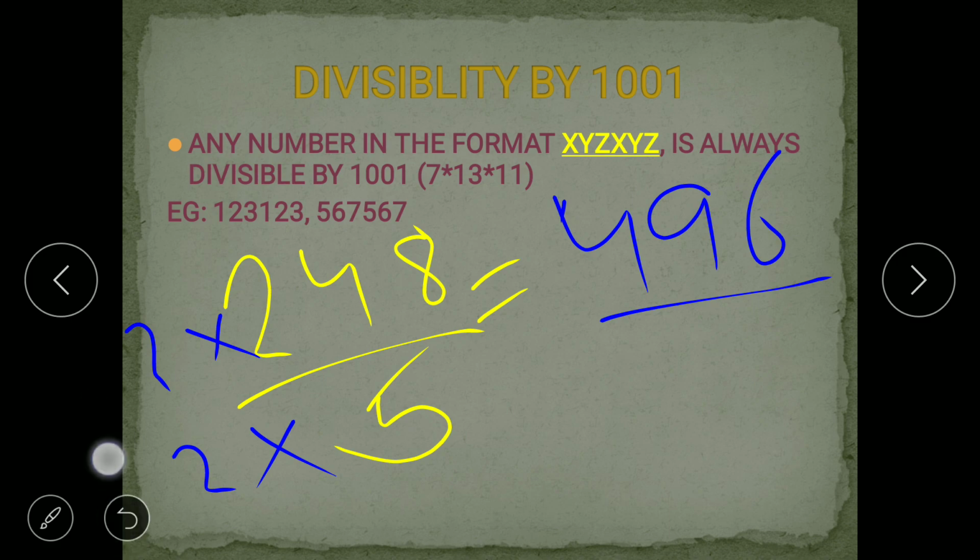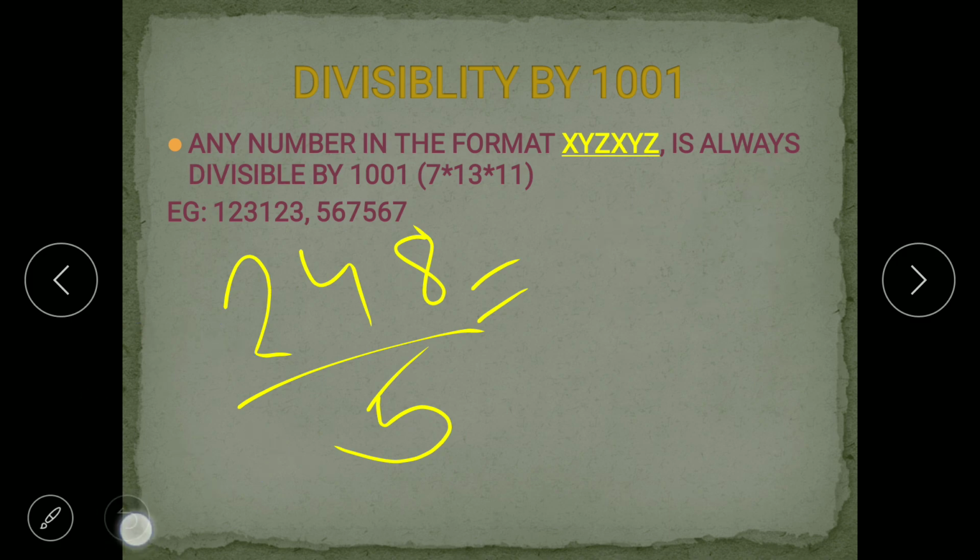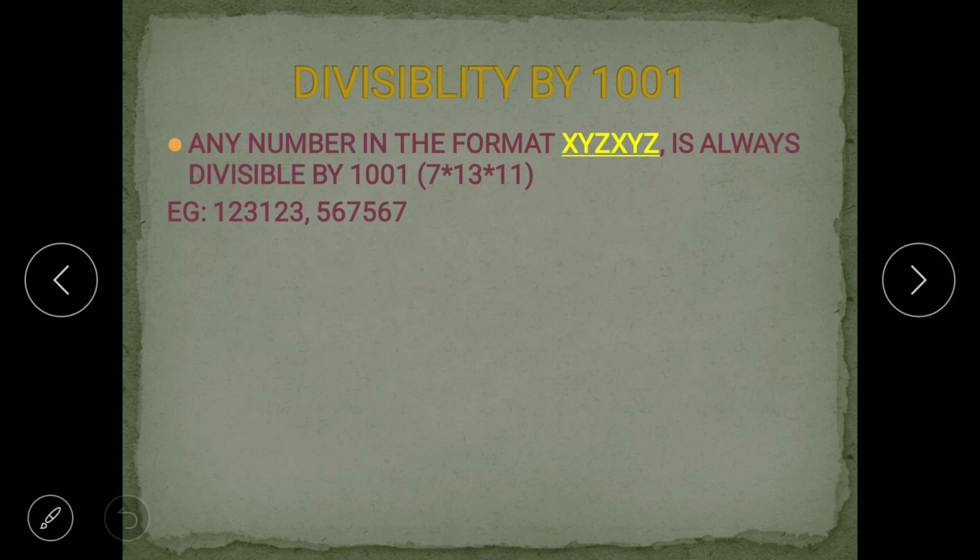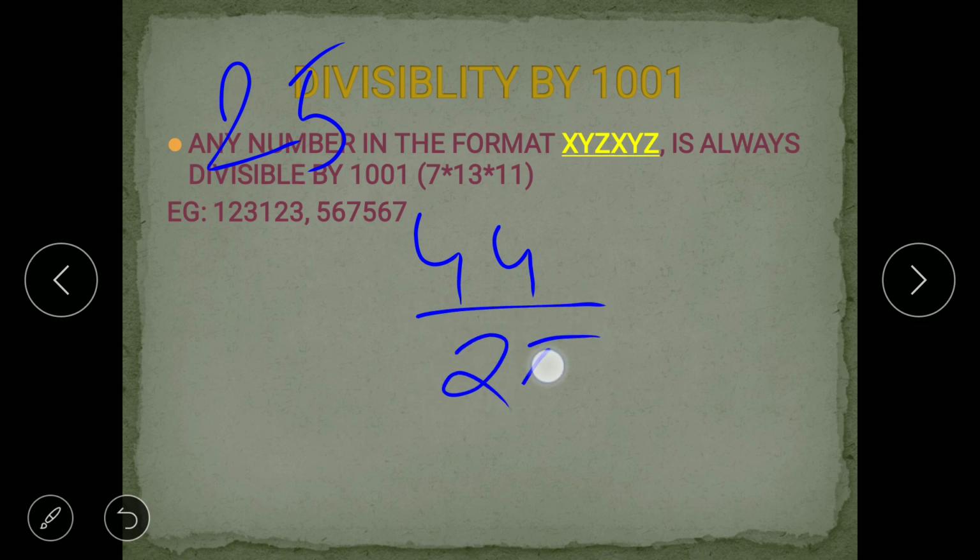Now, check the divisibility of 25. How to do that? Let's take an example, say 44 by 25. What will be the answer? You can find it in a traditional way as well, but see, this is how you do it.